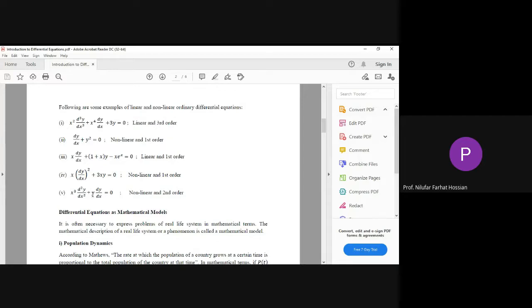But the condition was that the coefficient of the derivatives appearing in a term must involve only x. The coefficient cannot involve any y. But here this derivative contains the coefficient y. So the second condition is not satisfied. That's why it is a non-linear equation.